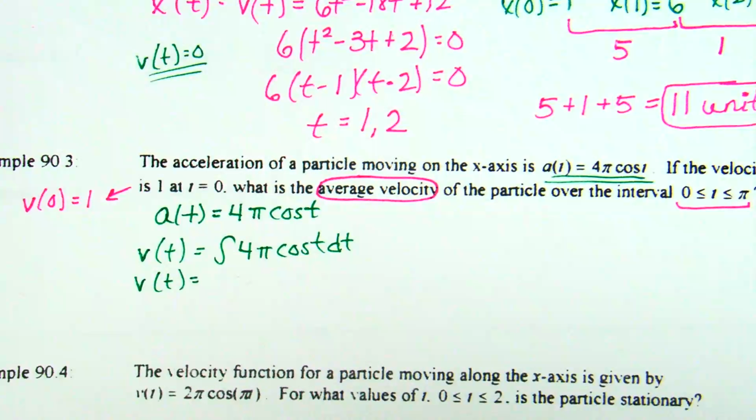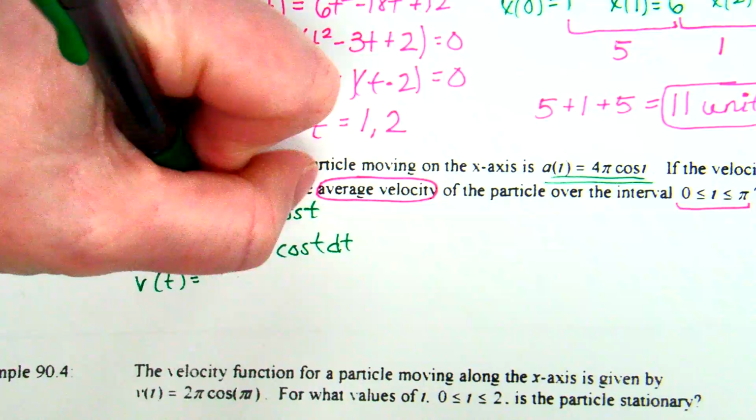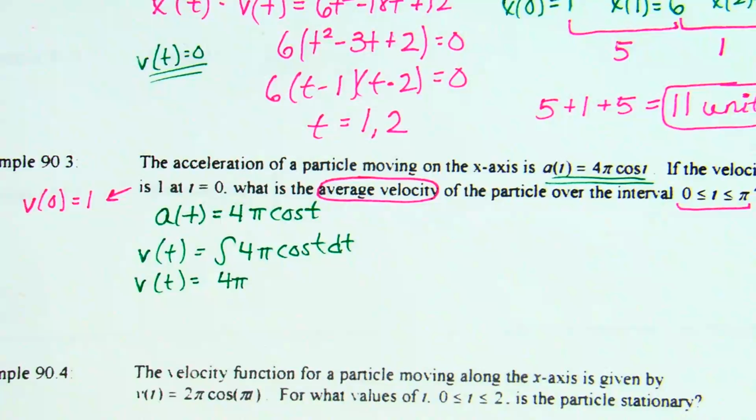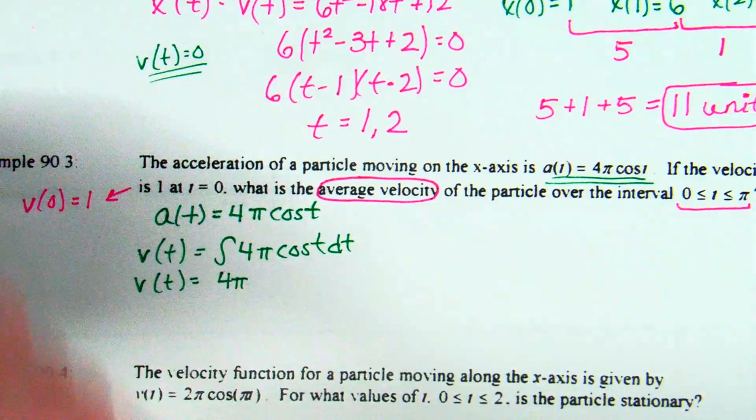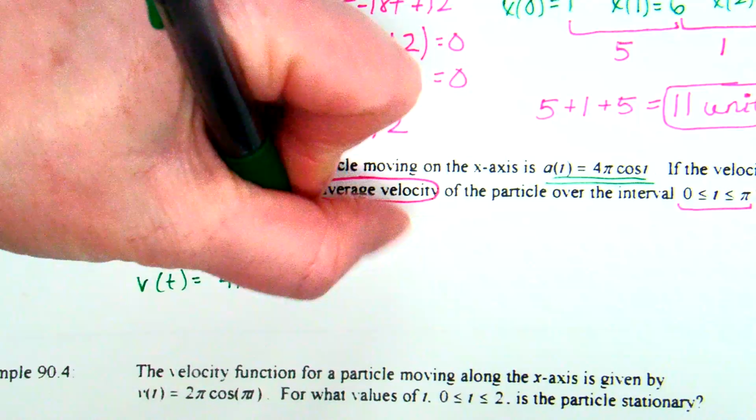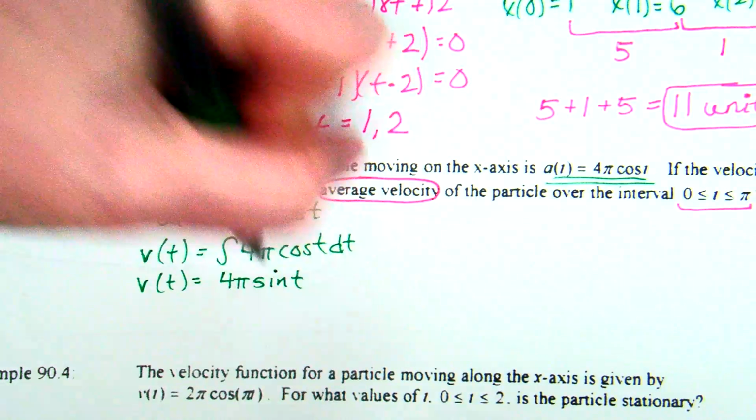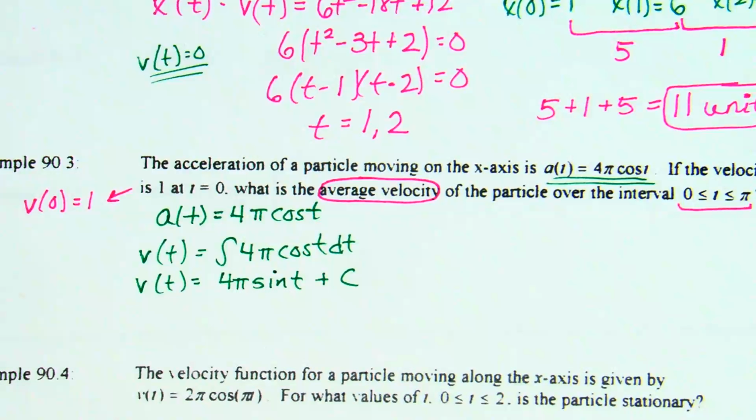Well, first of all, 4 pi is just 4 pi. It's a constant. What's the integral of cosine t? Sine t. And then plus 1. We don't have boundaries, so officially for the moment I was going to say plus c. But how do I find c?